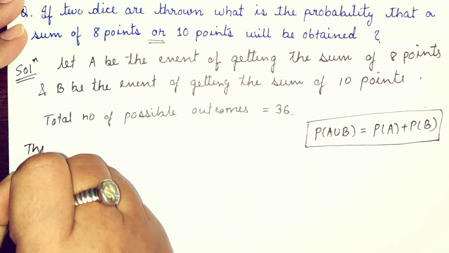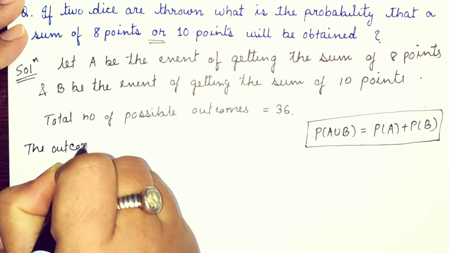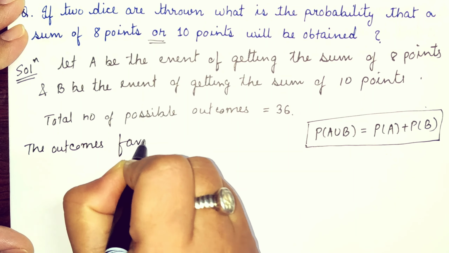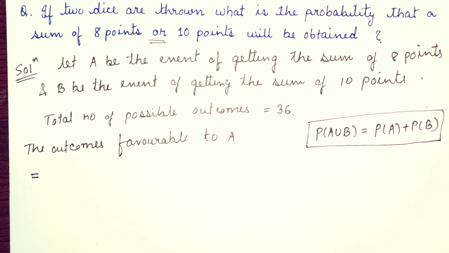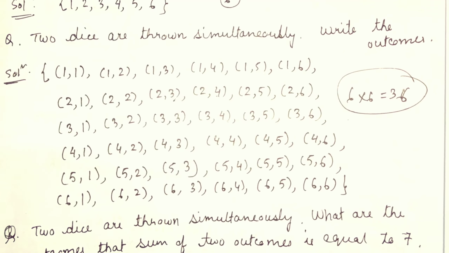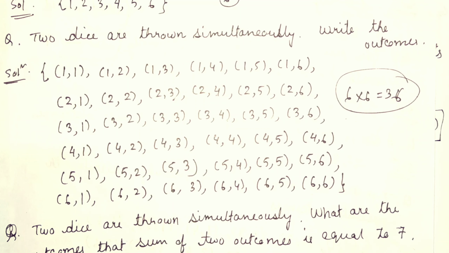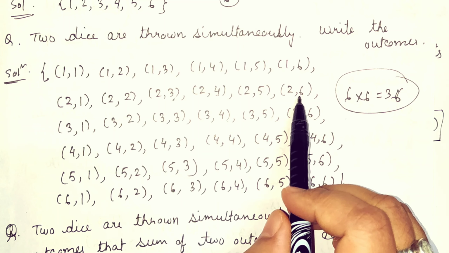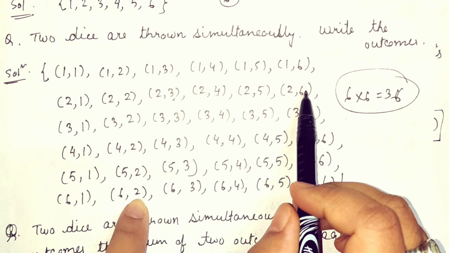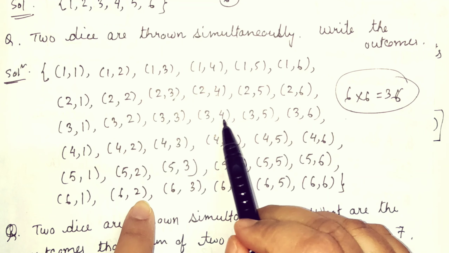The outcomes favorable to A. Event A is sum of 8 points. So first of all we will find the outcomes which are favorable to A. For 8 points: 6 plus 2 equals 8, so (2,6); 6 plus 2 equals 8, so (6,2).